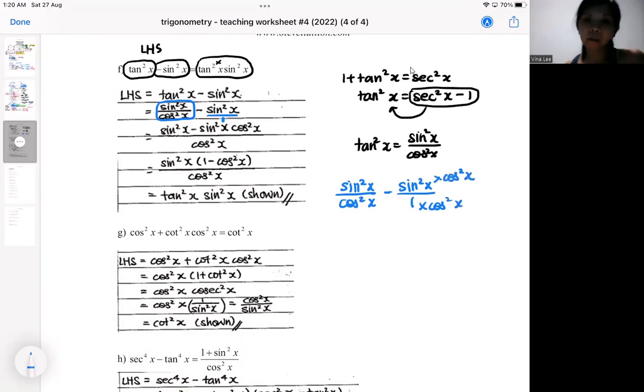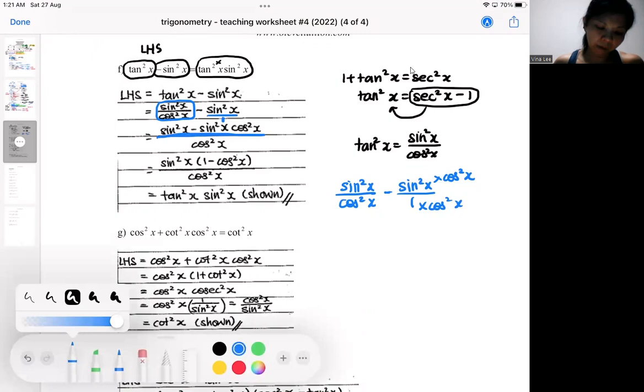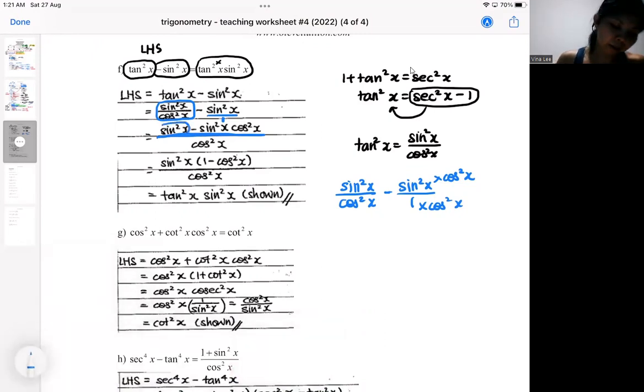The make same denominator concept is like your Sec 2. It's just that now we're making same denominator with trigo. Because of this, I got a huge fraction. After the huge fraction, I realized that there is a common factor to take out, so I actually take out a common factor.